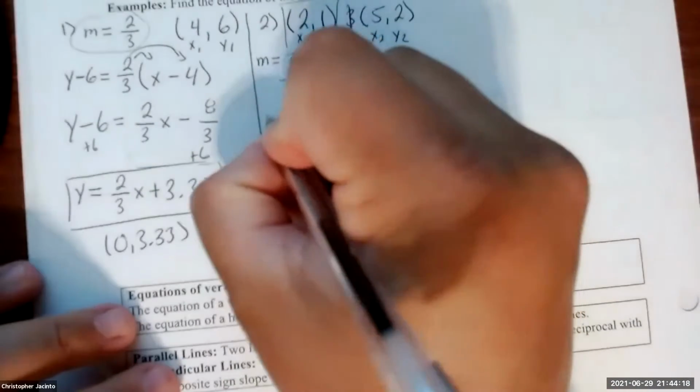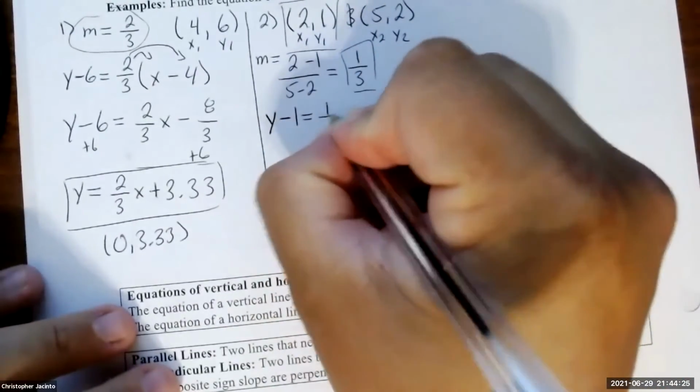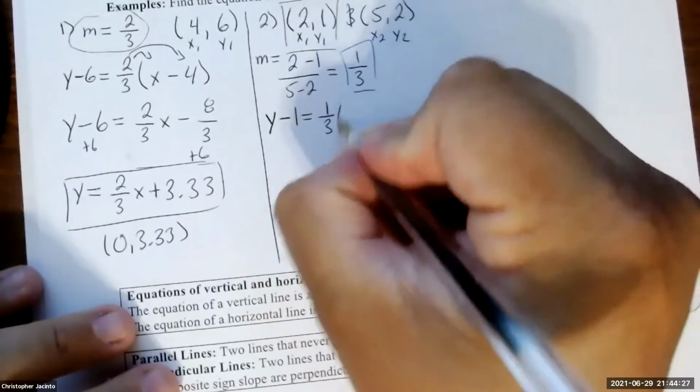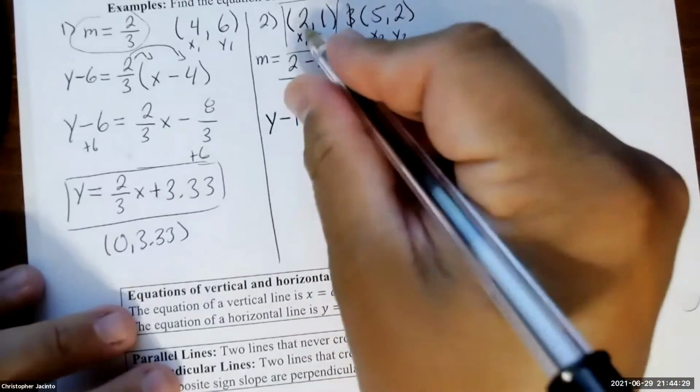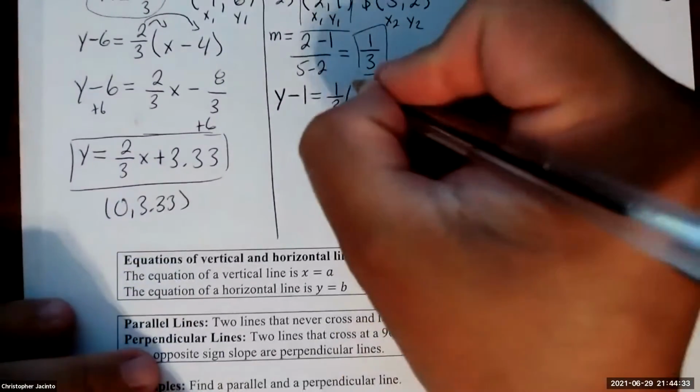So again, it's going to be y minus y1 is equal to our slope, which we just got, x minus x1, which is 2. And again, we just simplify.